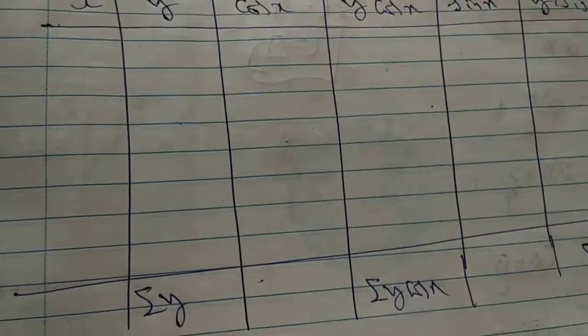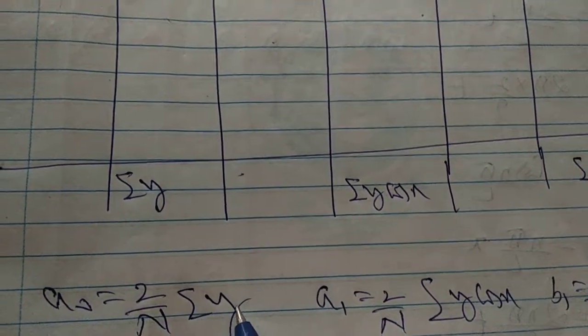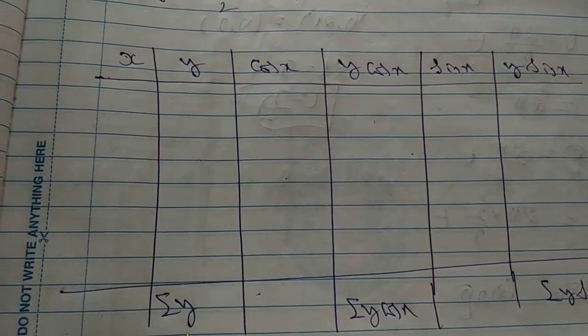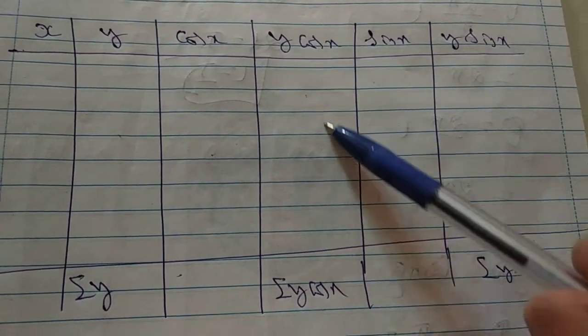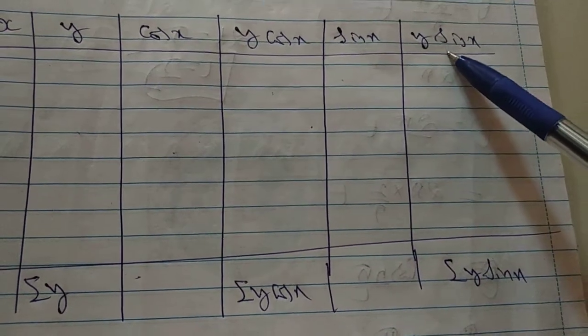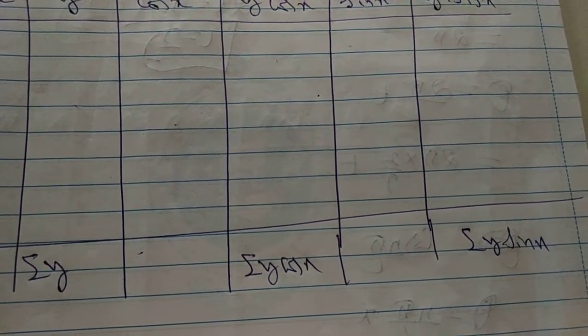In the formula a naught, 2 by n summation of y is there, so you take the y column and add it up to get summation of y. Next, y cos x: adding all these values gives summation of y cos x. Next, adding all the values of y sin x gives summation of y sin x.